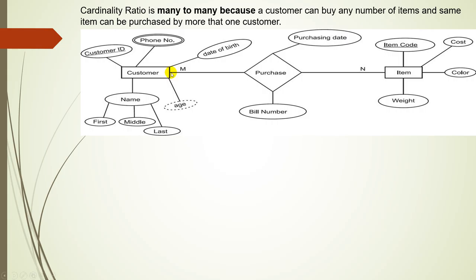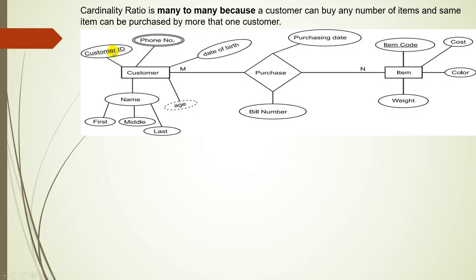So let's see the attributes of the customer entity. Date of birth, one field. Phone number is multi-valued because each customer may have more than one phone number.